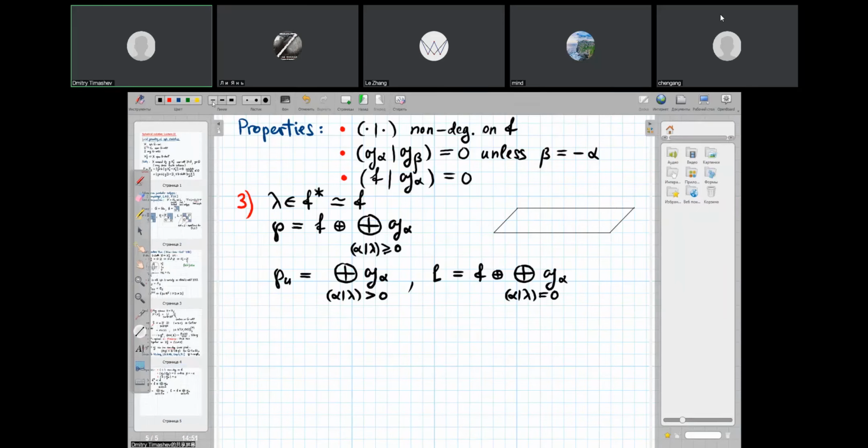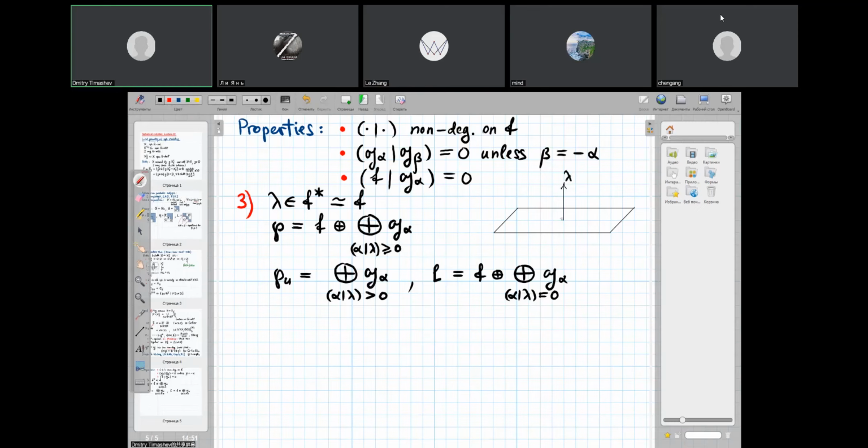Let me put lambda by a thin arrow. This is my lambda.